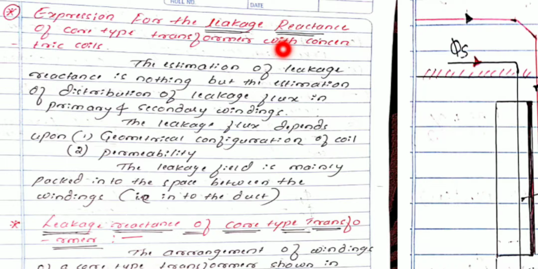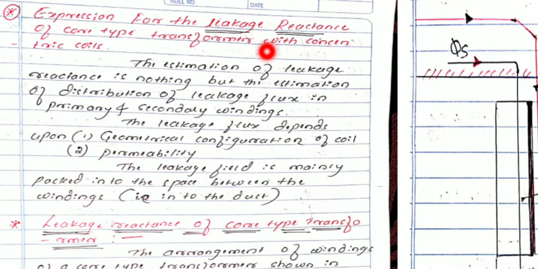The coil is inductive. So the leakage reactance is an inductive reactance due to the leakage flux.